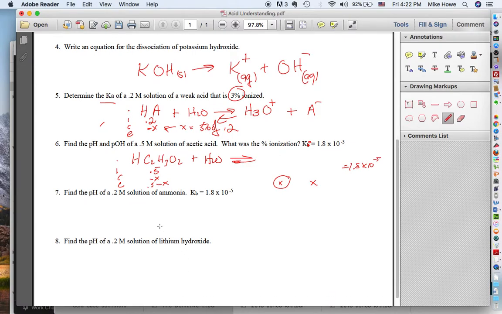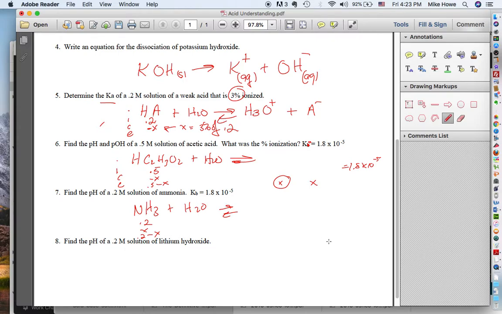All right, this one, you've got ammonia. Do you remember the equation for ammonia? I think we did it earlier. You finish it. Okay, we know this was 0.2. X amount reacts, so at equilibrium it would be 0.2 minus X. We know the ionization constant.